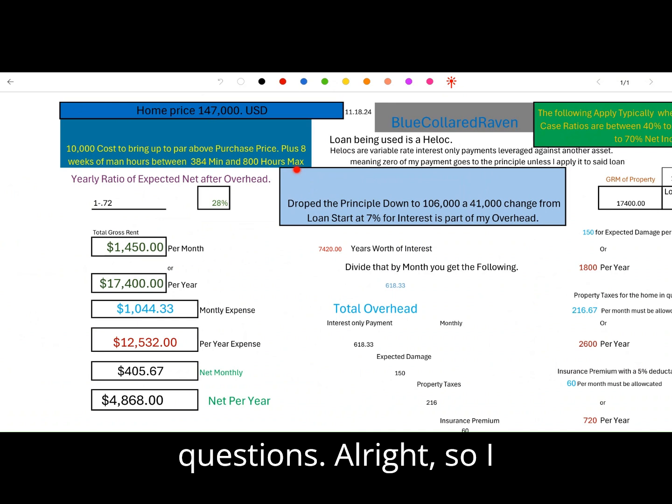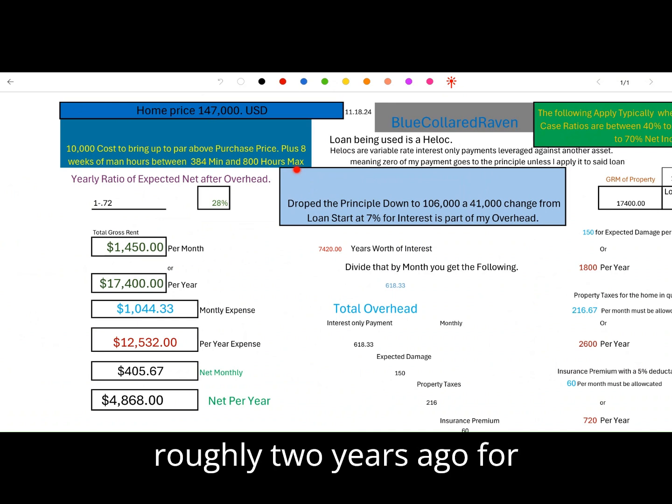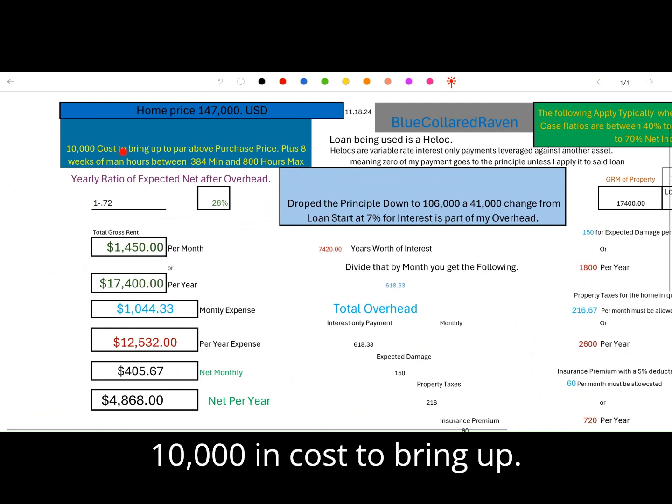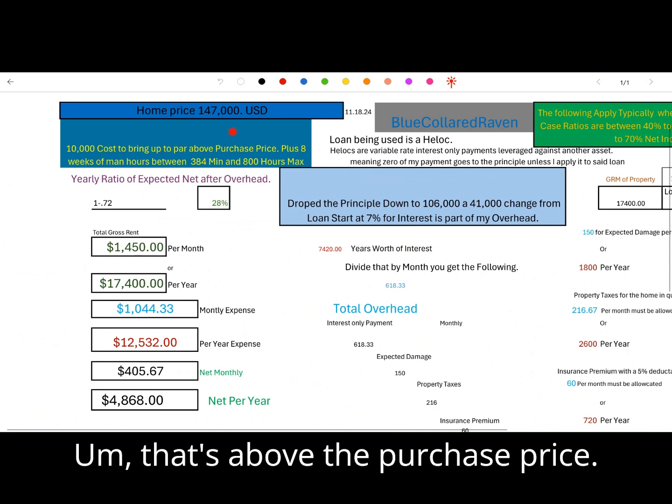All right. So I bought a property roughly 2 years ago for 147. That also came with 10,000 in cost to bring it up, above the purchase price.